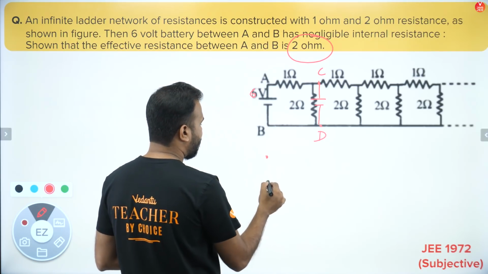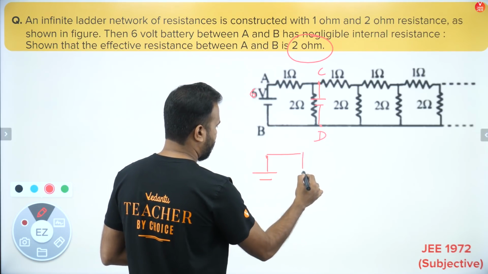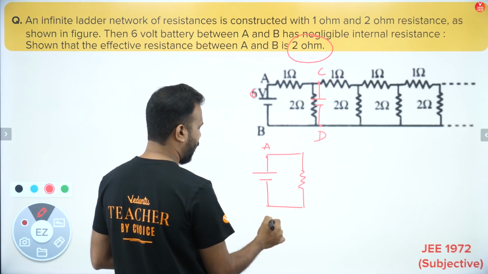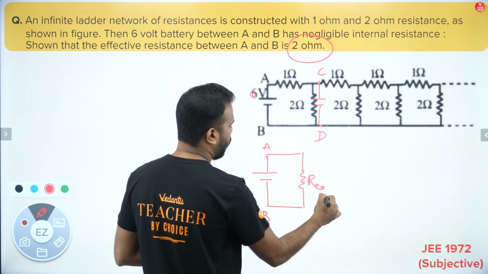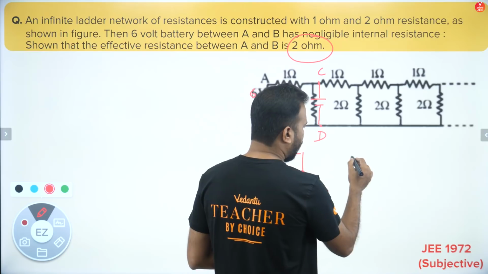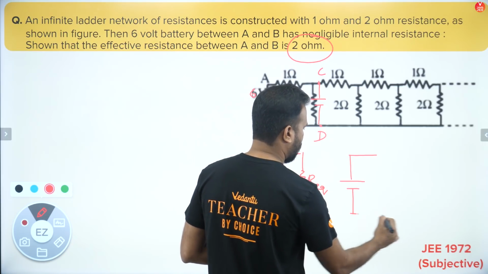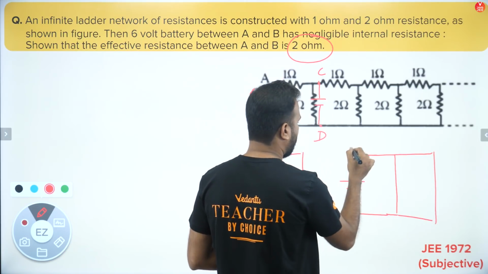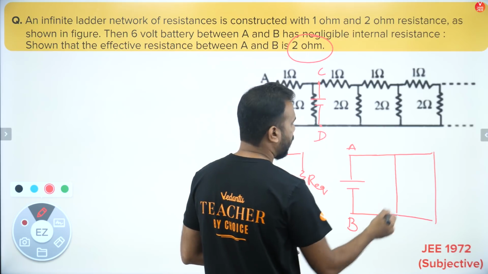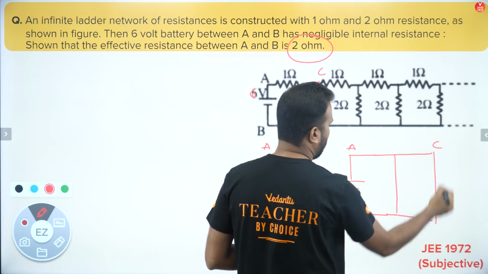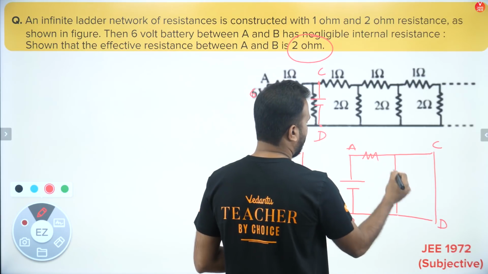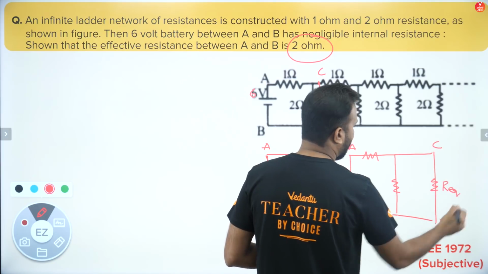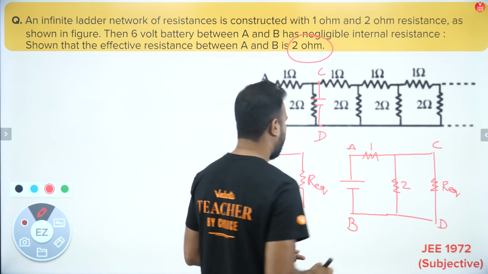That means if this is what the equivalent circuit should look like, this is your battery, this is point A and B, and R equivalent is going to be your answer, then if you do this also, this is point A, this is point B, and this point is C and D. So this can also be considered as C and D. The entire C to D resistance should also be equal to your R equivalent value, and this is 2 and this is 1 in this case.